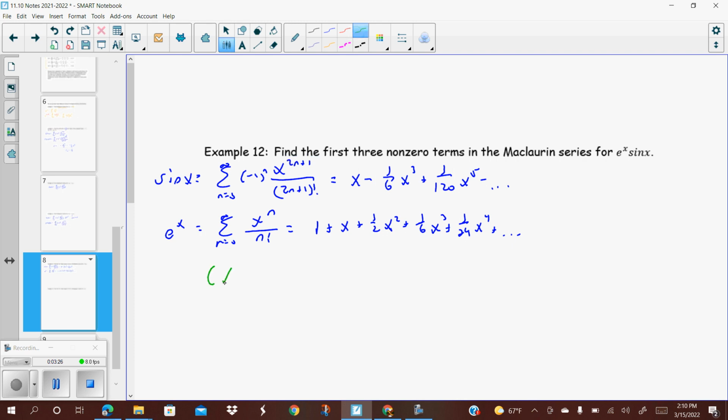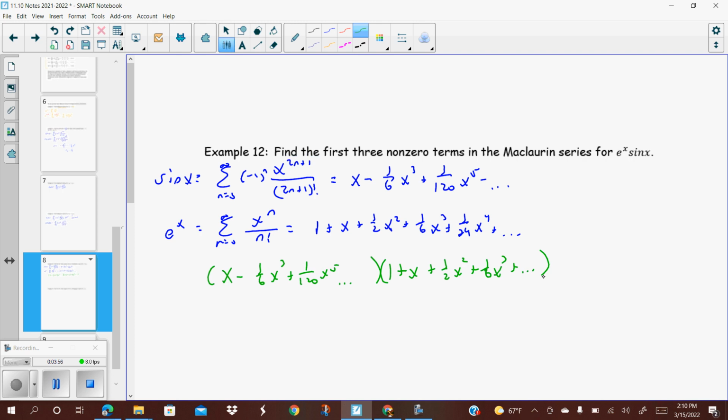So sine of x will be x minus 1/6 x cubed plus 1 over 120 x to the 5th, and so on. And then you're going to multiply that by the polynomial 1 plus x plus 1/2 x squared plus 1/6 x cubed. I don't think we need that last one. Maybe we do, but I don't think so.